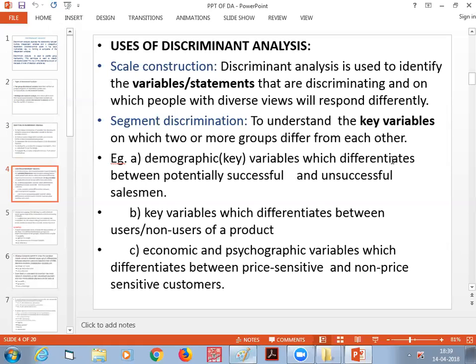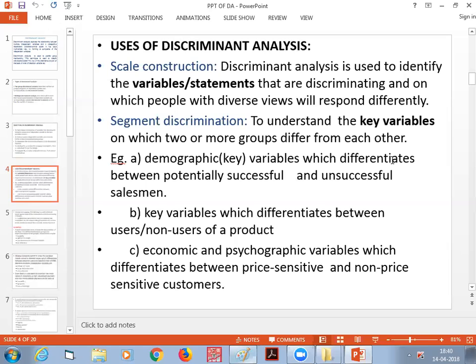Let us say based on his attitude, his patience, his way of talking, his knowledge about the product, his passion about selling. Which of them are important to classify? You can choose. If you are able to quantify the data, to what extent he has these qualities, then you can use the model and classify whether he is going to be successful in future or not. So that possibility is there.